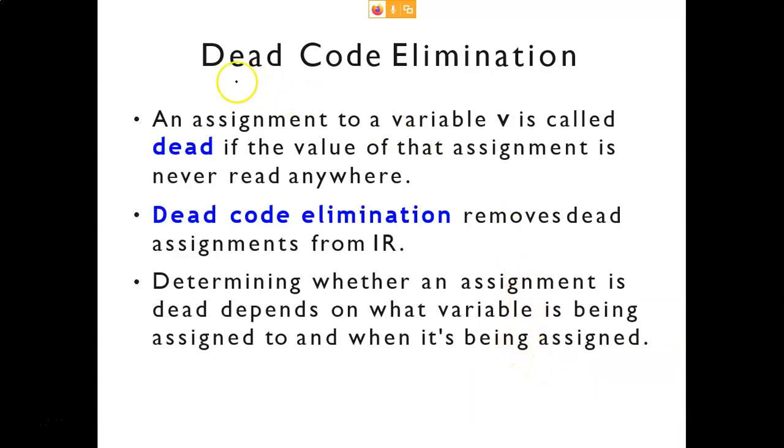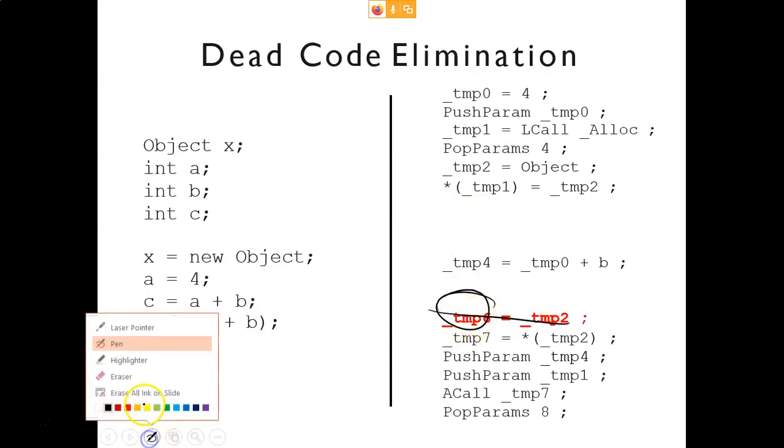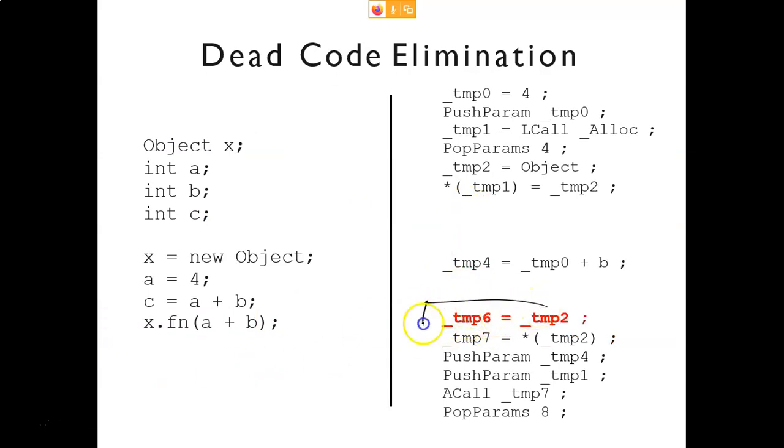So this is how you can do dead code elimination. What is the definition of dead code elimination? An assignment to a variable v is called dead if the value of that assignment is never read anywhere. For example, here you can see this assignment to the variable temp6.